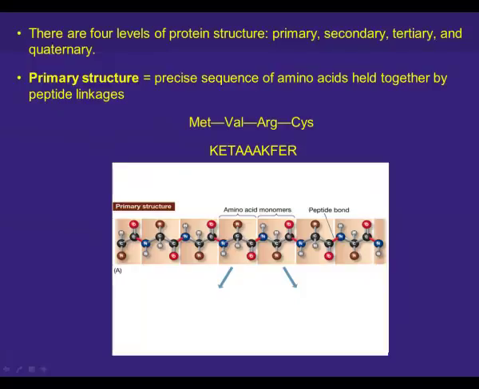Because there are 20 amino acids, and proteins can get quite long, there's an incredibly large number of potential protein structures. For example, a dipeptide is a short protein, 2 amino acids long.